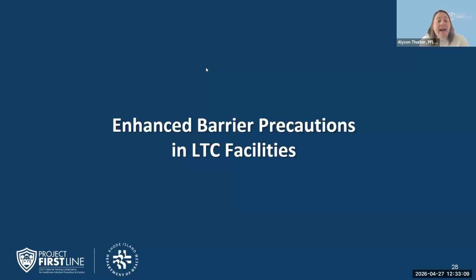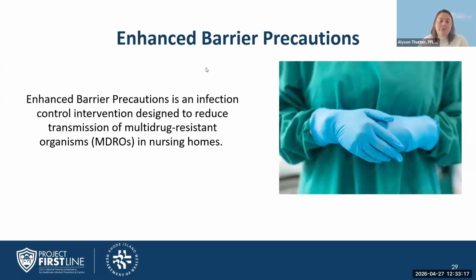All right, so then we have EBP. EBP, or Enhanced Barrier Precautions, is used in long-term care facilities. Enhanced Barrier Precautions is an infection control intervention designed to reduce transmission of multi-drug resistant organisms in nursing homes.